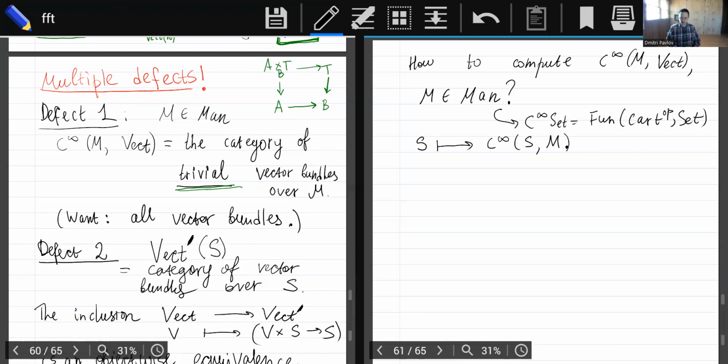Okay, so now let's look more closely at morphisms from M to Vect. A morphism of presheaves is a natural transformation.